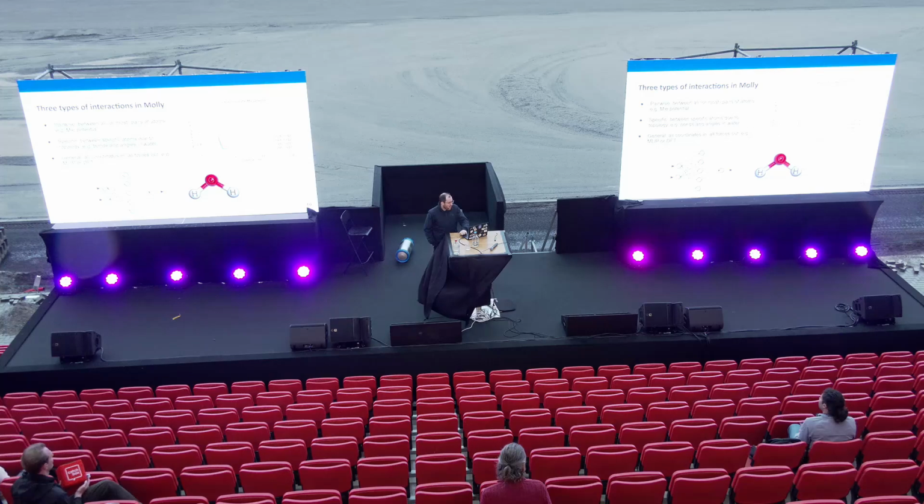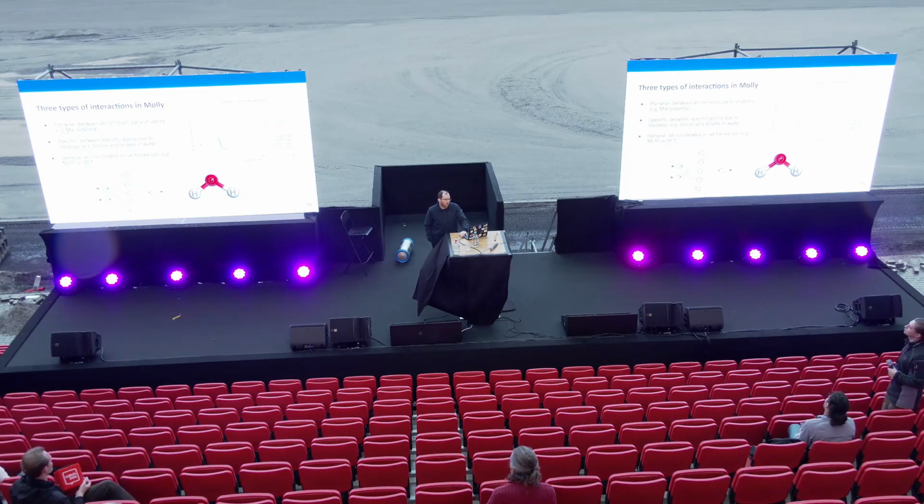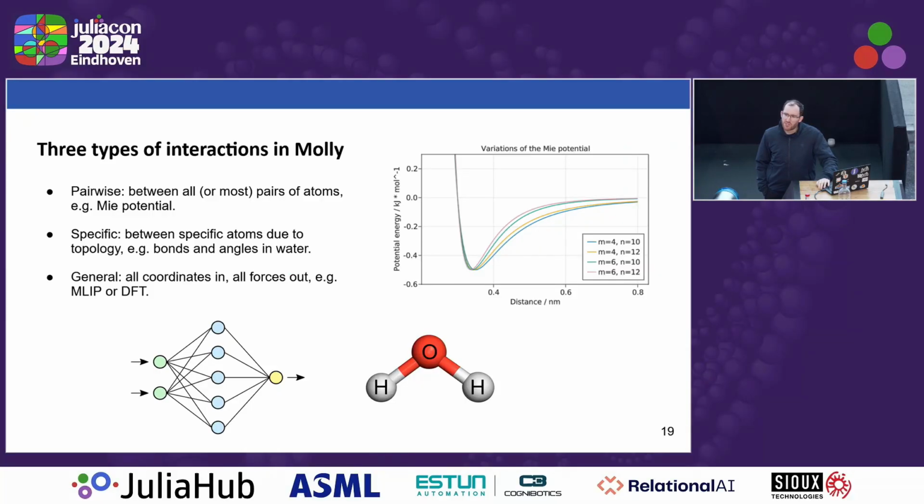Yeah, okay, thanks. We have this general interaction type which allows all coordinates in and all forces out. So you'd probably want to write some general interaction that basically applies that stochastic force on each atom every time step. And if you wanted to apply other forces between atoms, those would be pairwise interactions. So it's possible.